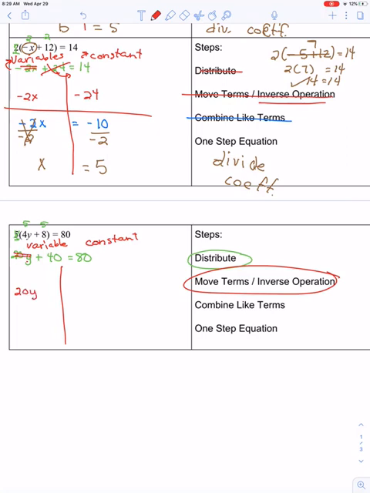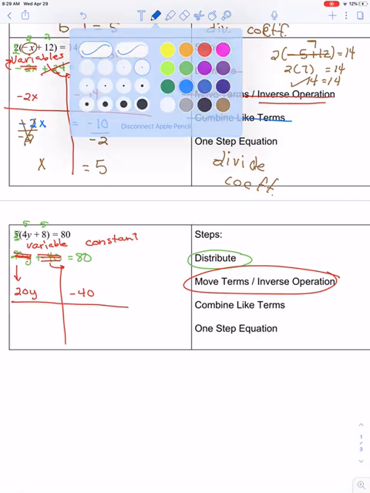So we've moved it down. Okay, positive 40 does not have a variable, so we're going to move it to the other side. So when we move, instead of a positive 40, it's now a negative 40. So it's not here anymore. Okay, and then we're going to go to the constant side. 80 is a constant, so it's going to stay put.